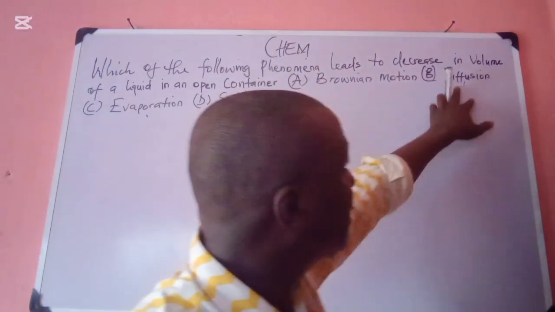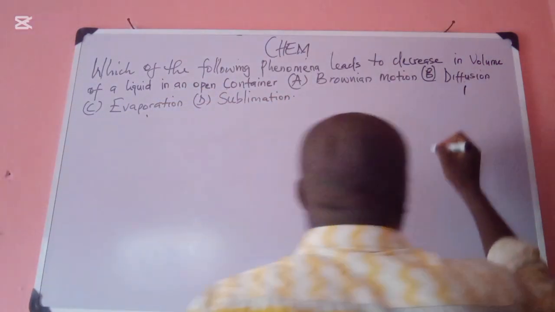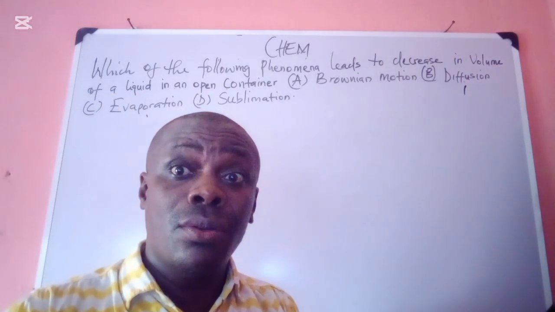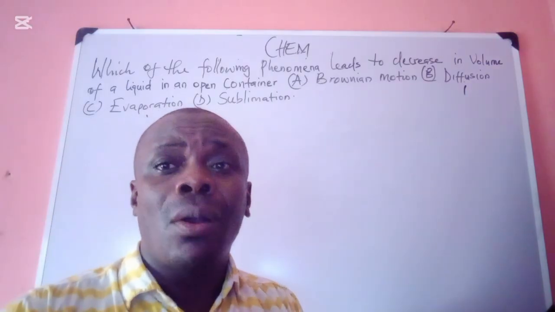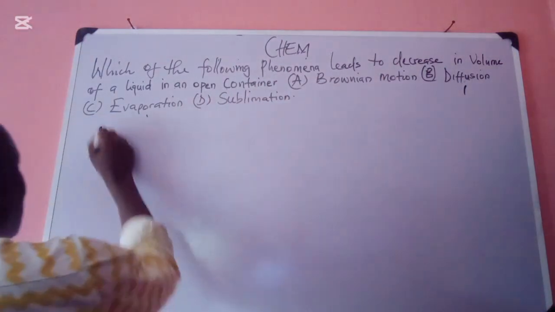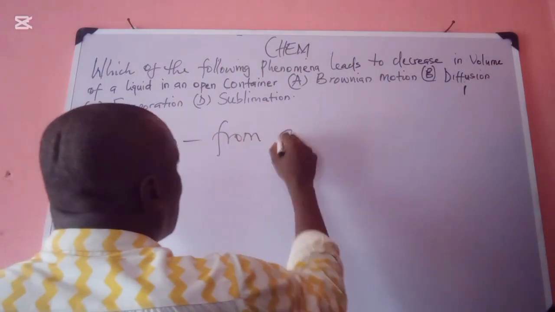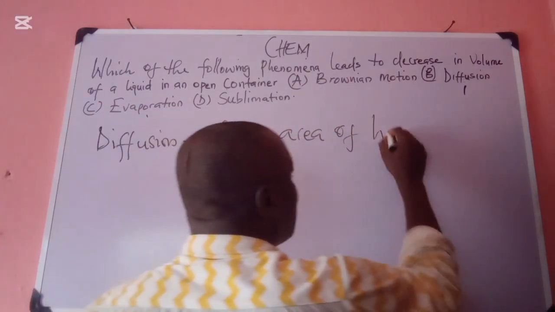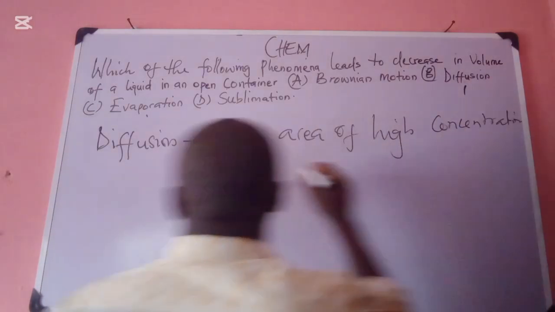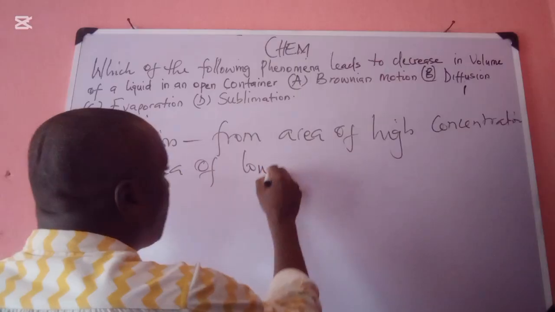The next one is diffusion. Diffusion has to do with the movement of gas particles, maybe atoms, ions or molecules, from an area of high concentration to an area of low concentration.